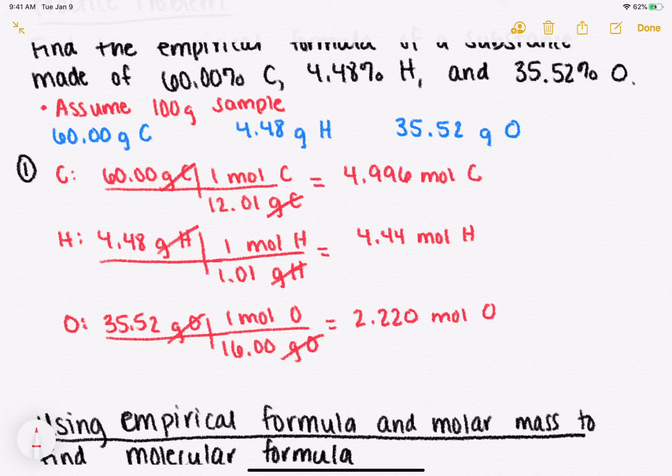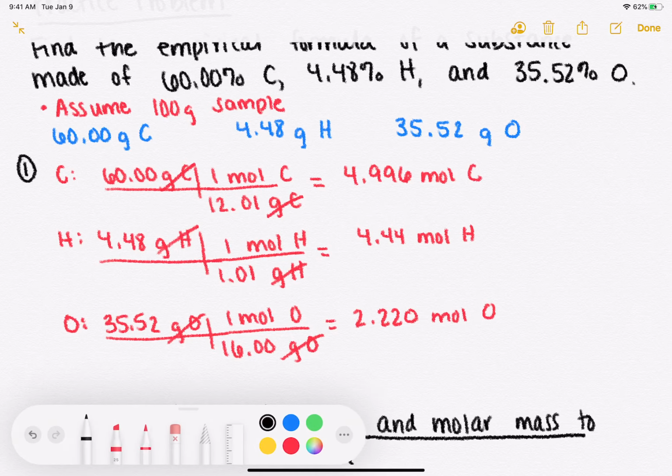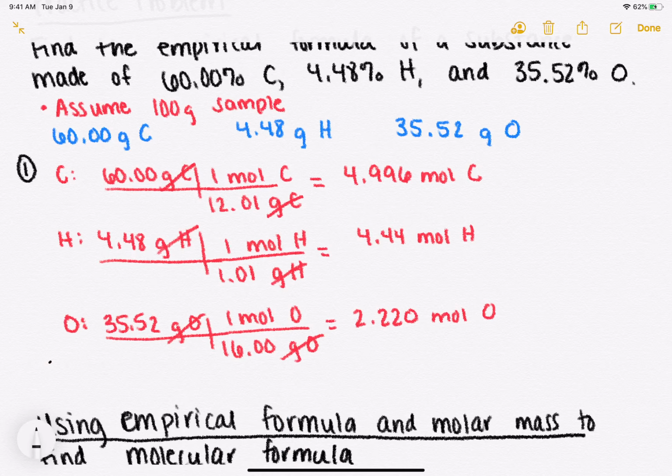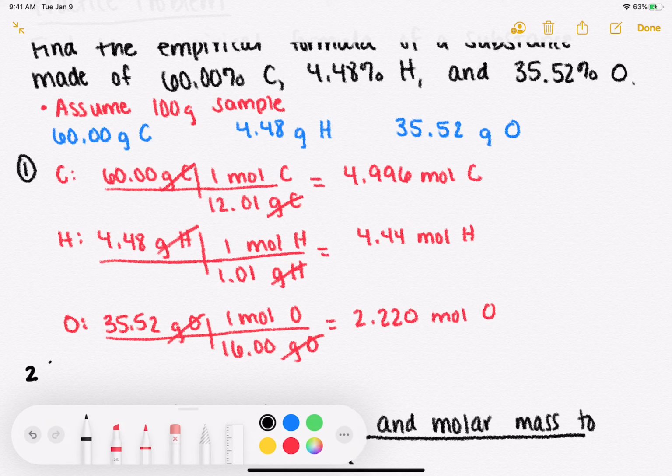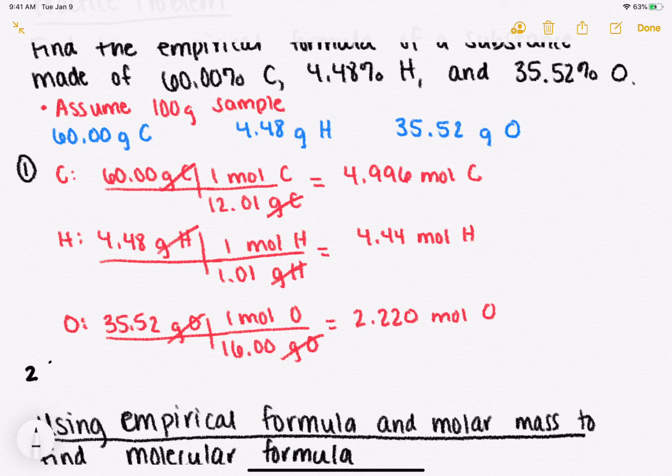Now for step 2, we want to divide by the smallest amount. And that is 2.220. So we're going to divide all of these numbers by 2.220.